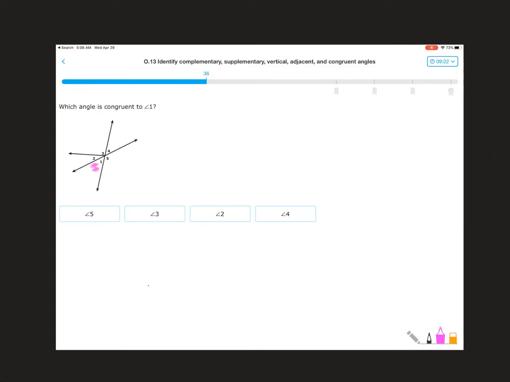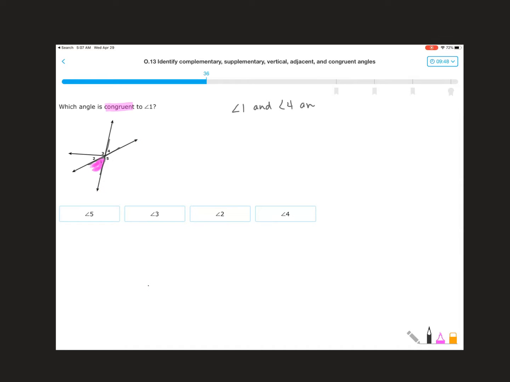Which angle is congruent to angle 1? Okay, so again, it looks like they're trying to get you to see vertical. So now we've talked about complementary, supplementary, now vertical. So now, which angles? Is angle 5 opposite, congruent, the same? No, angle 1 is acute, tiny. Angle 5 is obtuse. Those would be supplementary.